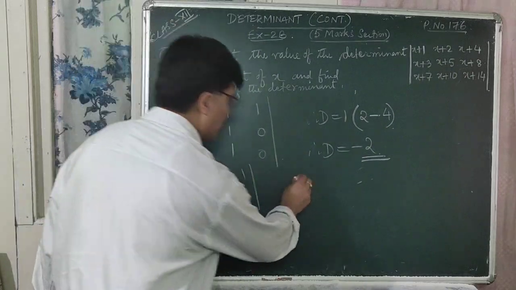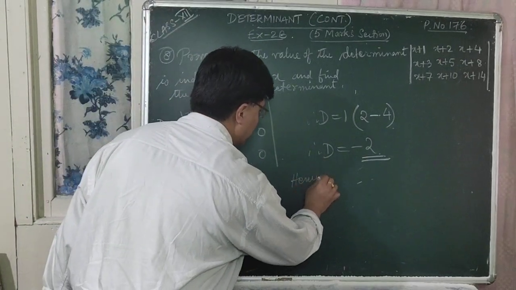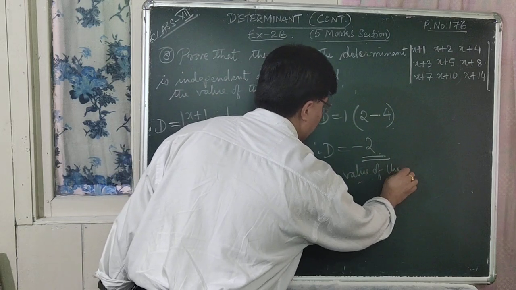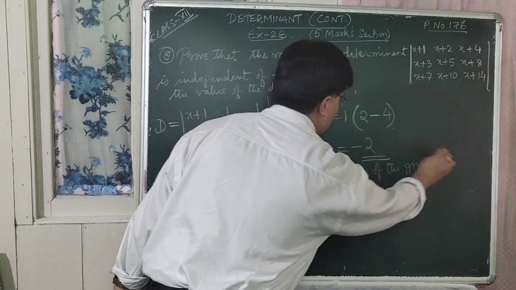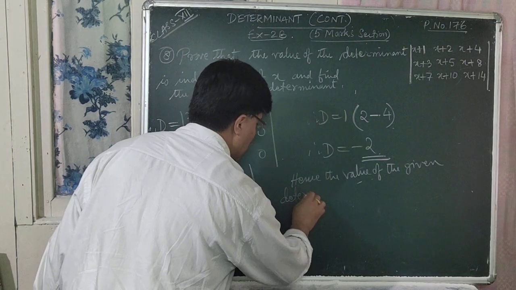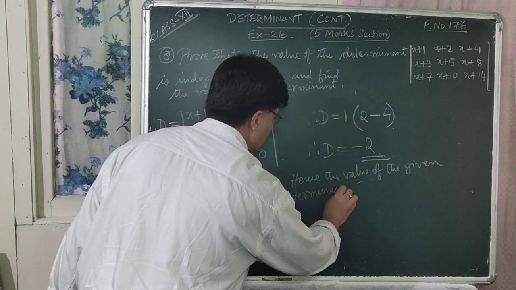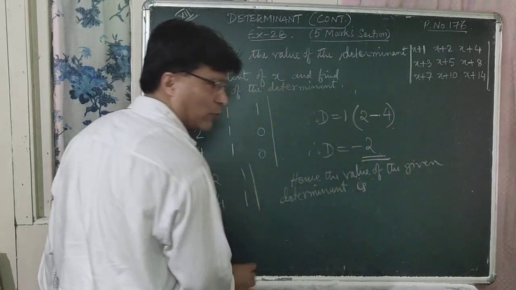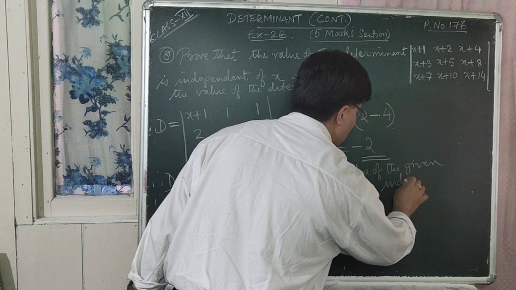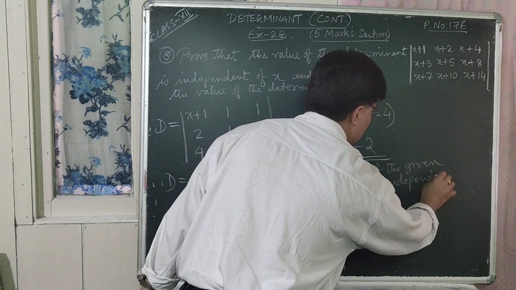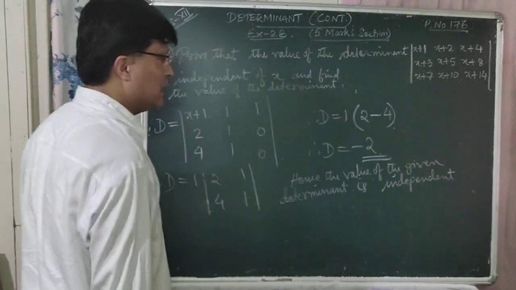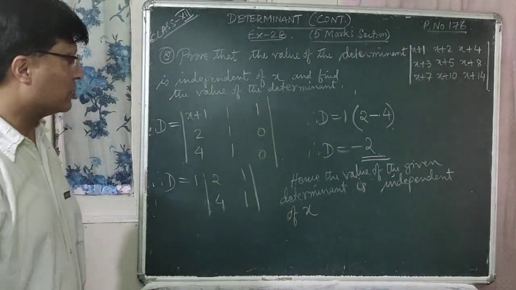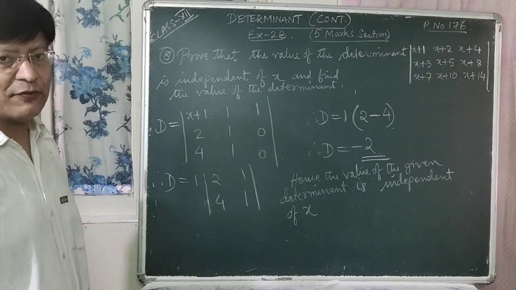So you have to write down, hence the value of the given determinant is independent of x.